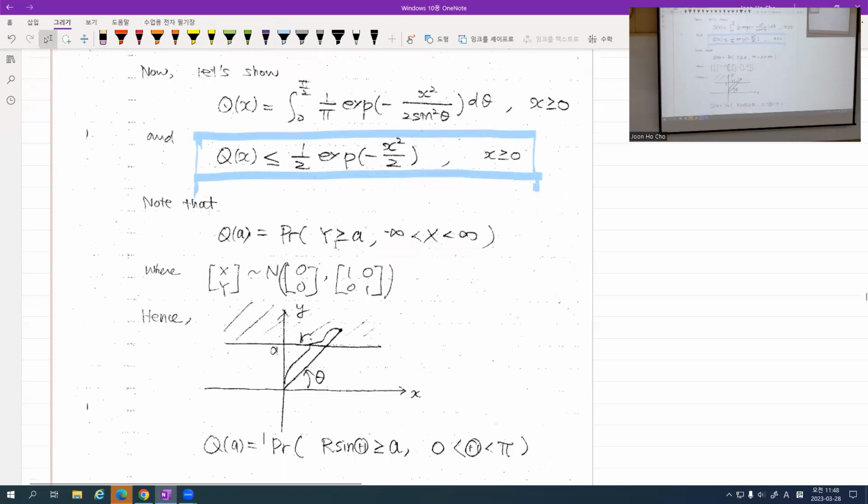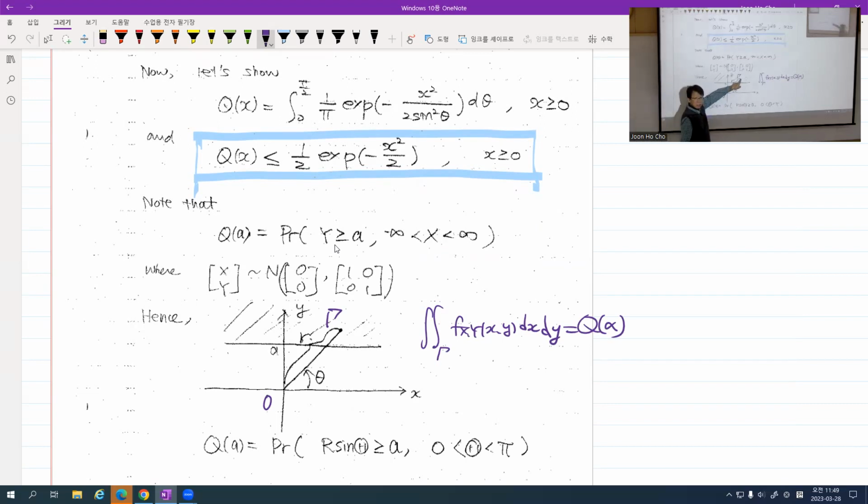So what's going on? If we apply the integration over this gamma, then we have Q of alpha, right? And now we use polar coordinate integration. In order to do that, just take a point on this integration region.